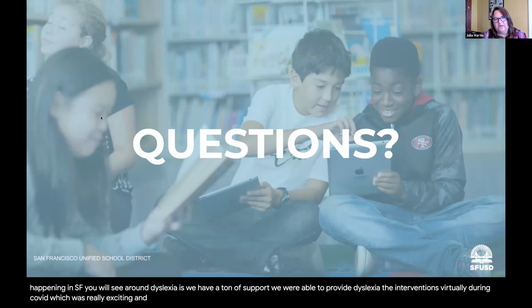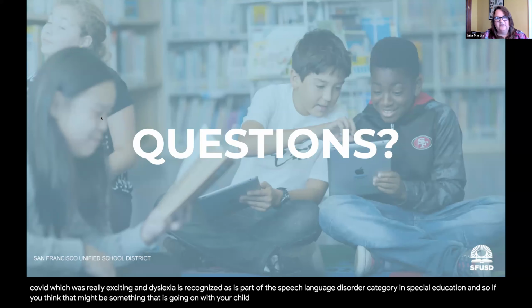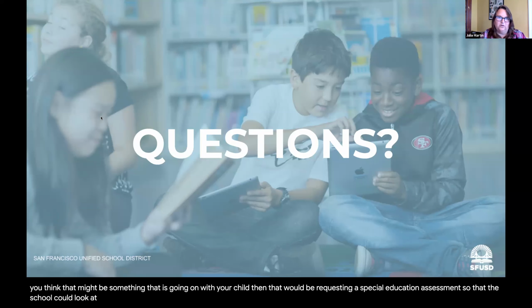And dyslexia is recognized as part of the speech language disorder category in special education. And so if you think that might be something that is going on with your child, then that would be requesting a special education assessment so that the school could look at what's going on and what is the best way to support your child's needs, either in special education or in the general education classroom.